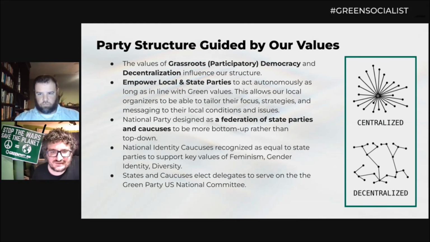What this structure does is it empowers local and state parties to act mostly autonomously, as long as they're in line with Green values. So as we talked about with organizing tips, the organizing conditions in states and even cities in the same state can be very different depending on the challenges that you face there, whether they're challenges with how the electoral law works there. You might have very different cultures or history or whatever that you have to deal with.